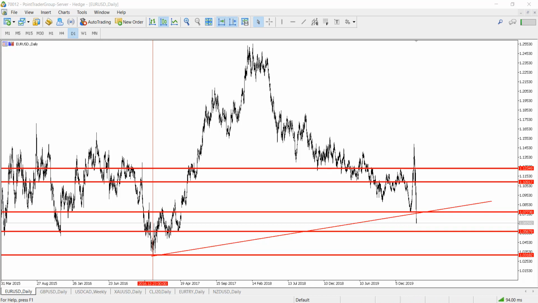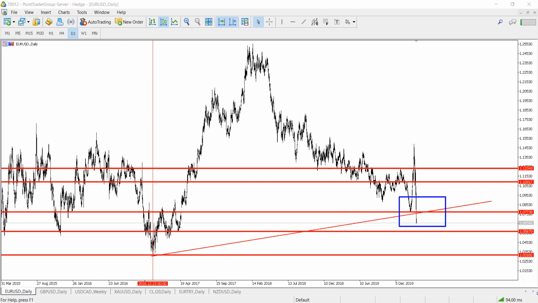So let's start with the euro against the American dollar. On the daily time frame, the pair managed to break through a very strong support level, 1.0773, and continue going downwards. It went through this uptrend line, so it might continue going downwards to reach the level of 1.0567. This is where, first of all, we can look for some bullish evidence for an expected movement to the upside, again 1.0773.